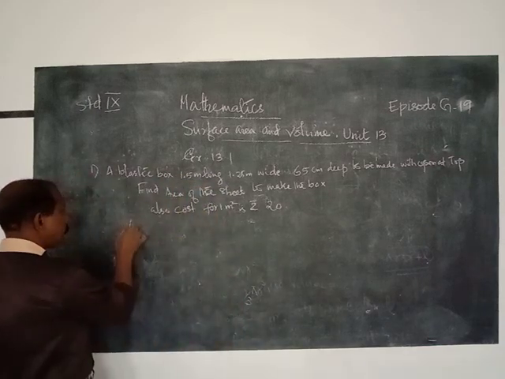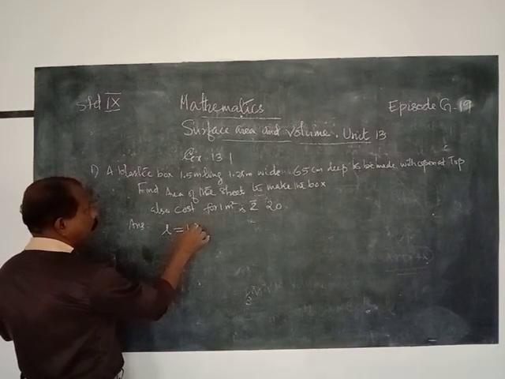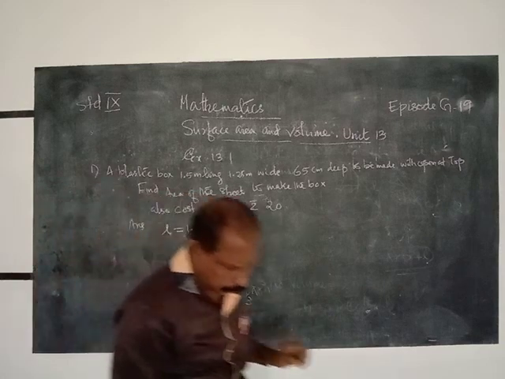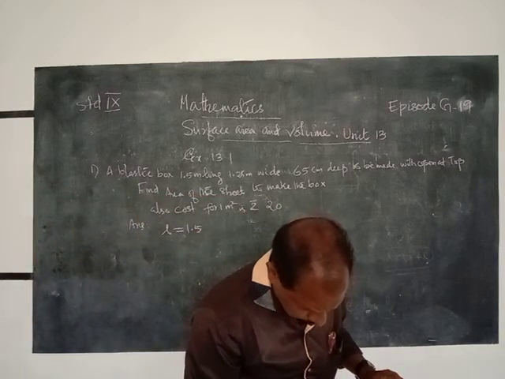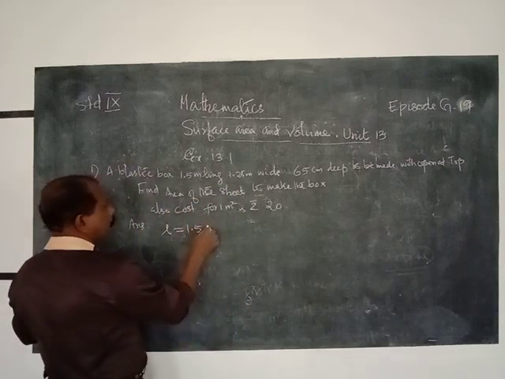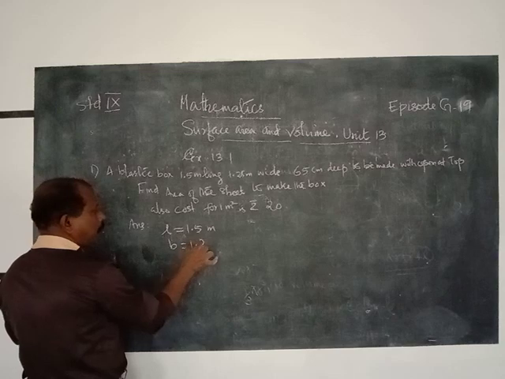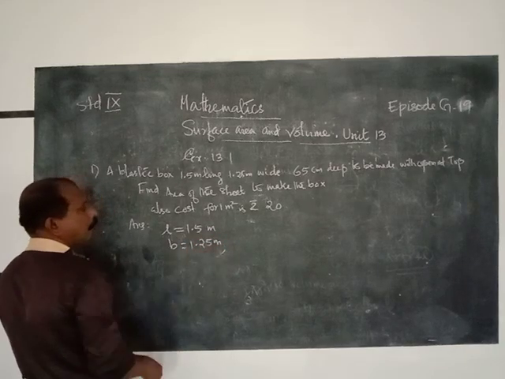Therefore, answer: l is equal to 1.5 meter. This is the dimension. b is equal to 1.25 meter.